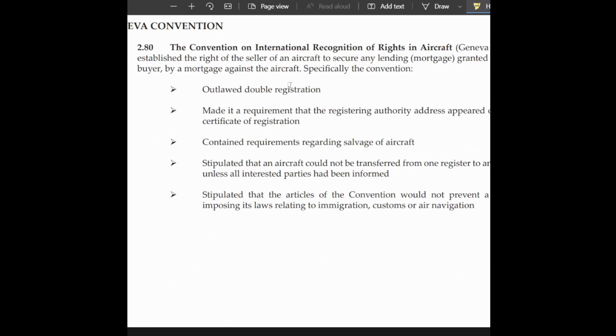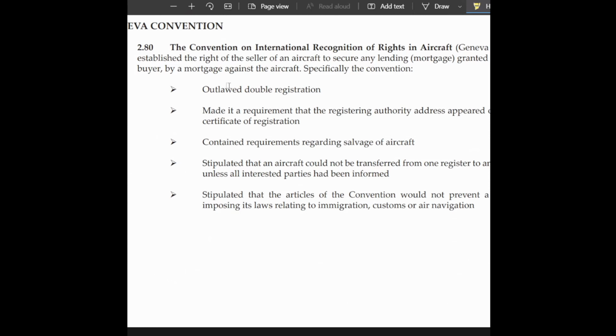For example, the aircraft that IndiGo is using is basically leased by some company, for example Avalon, sitting in Spain. So the aircraft is registered in Spain, but it is operating for a carrier registered in India.